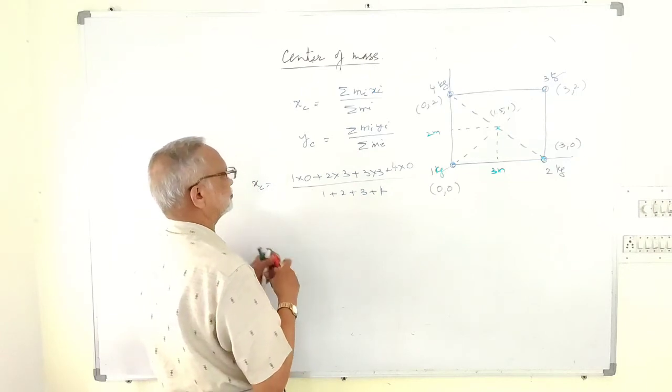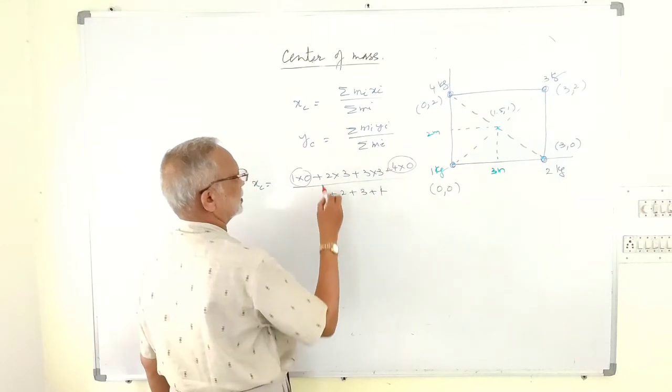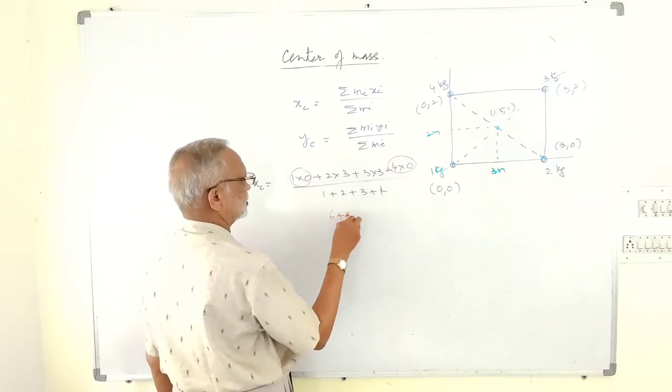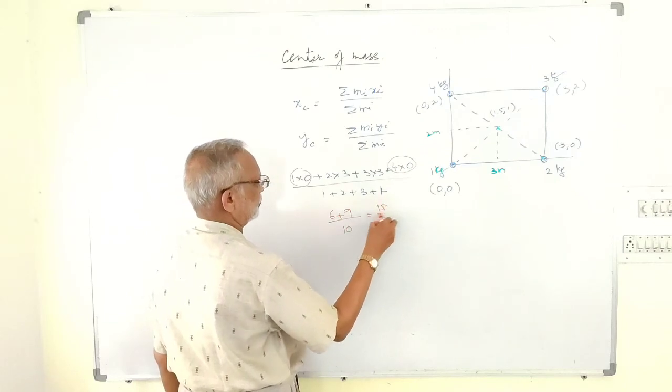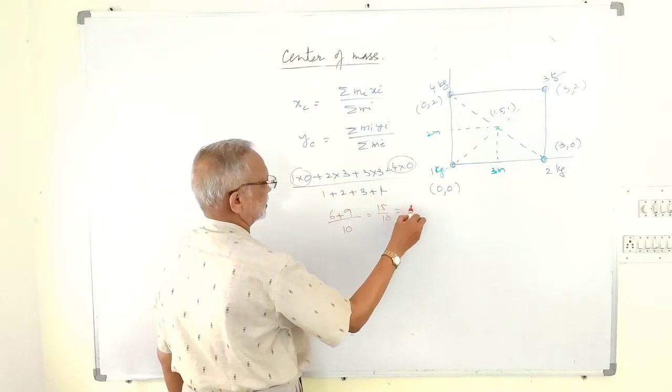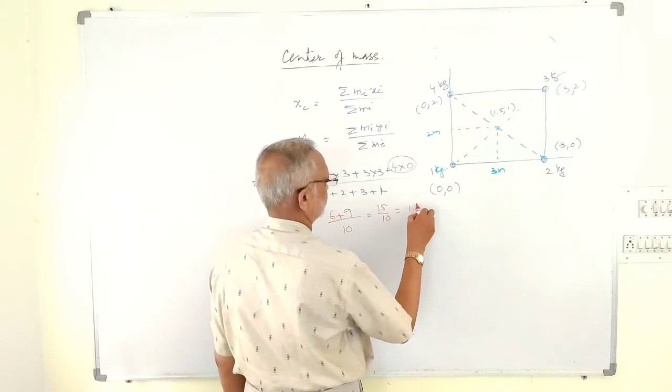So this is 6 plus 9 by 10, 15 by 10, that is 1.5.